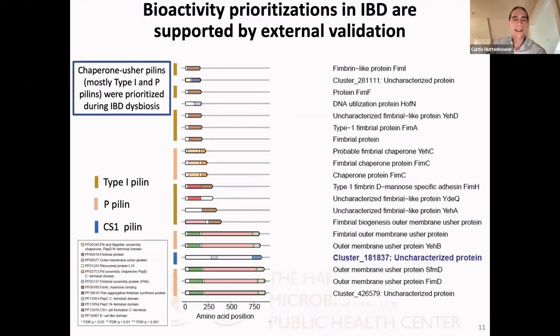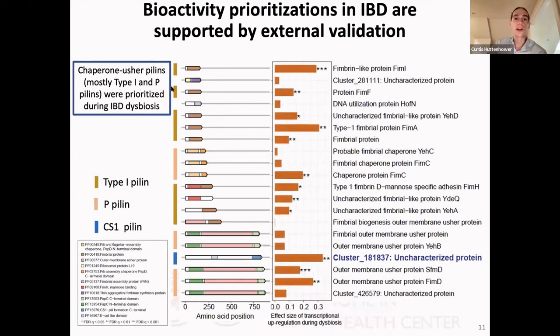So this gives us a really rich resource of compounds to potentially mine for novel bioactivity. And again, in a few cases, we've had success so far in drilling down individual prioritized examples to mechanisms of interest. Some of these include, for example, differential pillin structures that are carried by Enterobacteriaceae as compared to Bacteroides in the human gut. So collections of mostly type 1 and T pillins were prioritized as inflammation associated in subsets of E. coli in the gut.